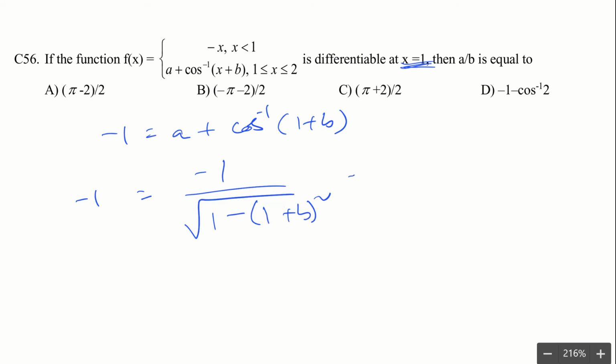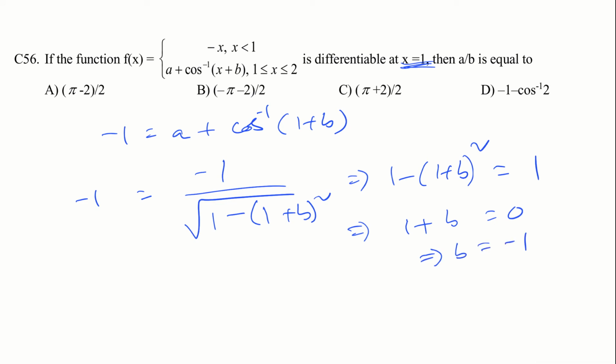So I am getting 1 minus of (1 plus b) square is equal to 1, and from this I am getting (1 plus b) whole square equal to 0. That is, 1 plus b is 0. That means b is minus 1.